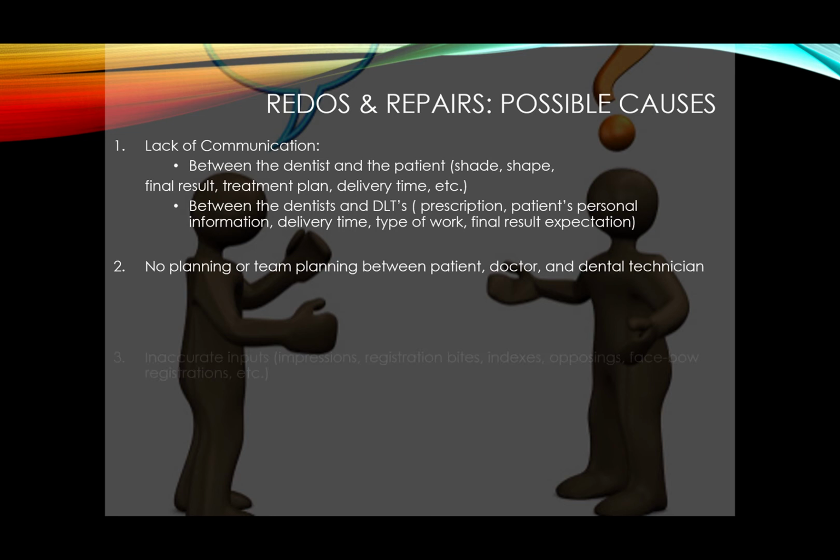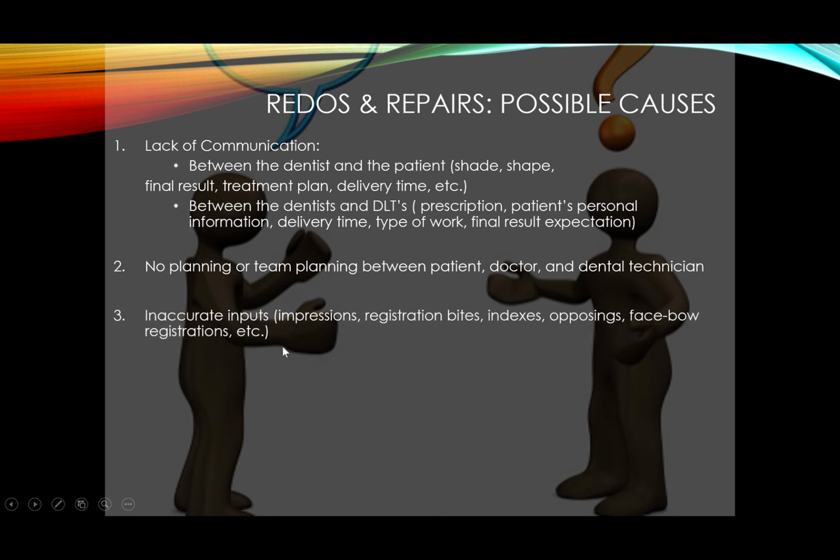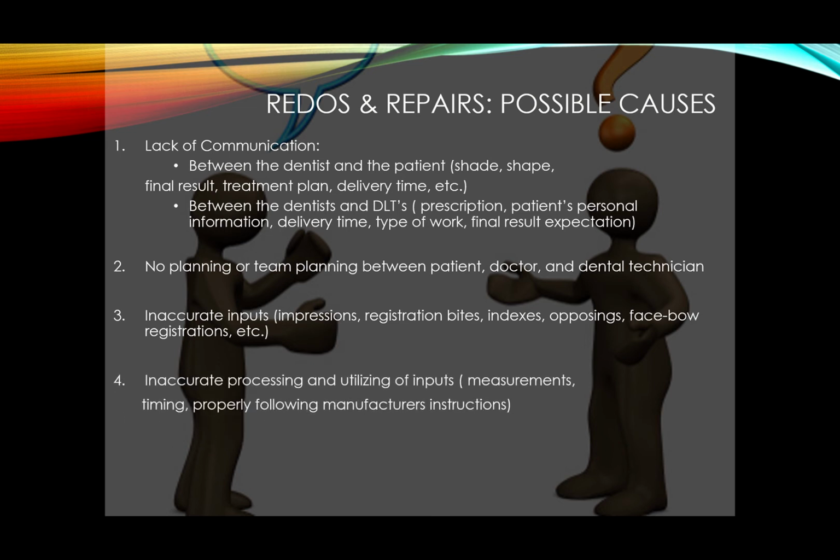Inaccurate inputs. I put all the inputs in one form. Okay, it's a possible cause. Anything that comes in: impression, bite registration, index, opposing, face bow registration, or a digital impression scan that's not clear. Okay, that's inaccurate inputs.